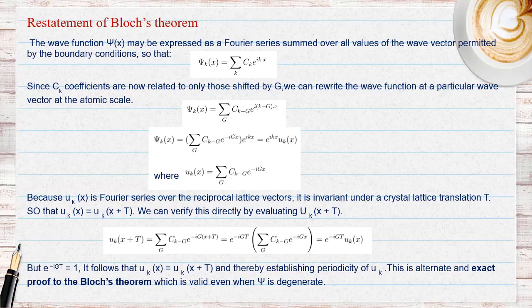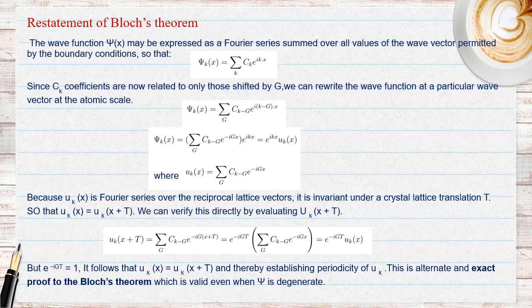That is equal to e raised to ikx times some function, which we call uk of x, where uk of x is equal to the summation over g of ck minus g e raised to minus igx. Because uk of x is a Fourier series over the reciprocal lattice vectors, it is invariant under crystal lattice translation t, so that uk of x is equal to uk of x plus t. This is what we discussed in the first postulate of Bloch's theorem.